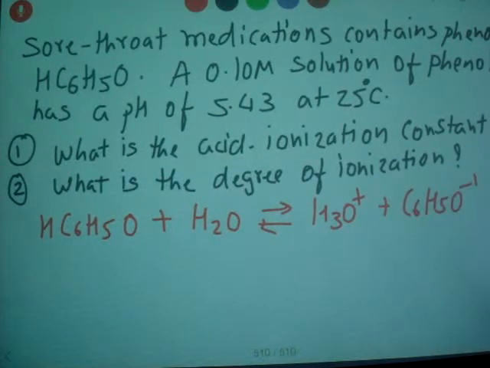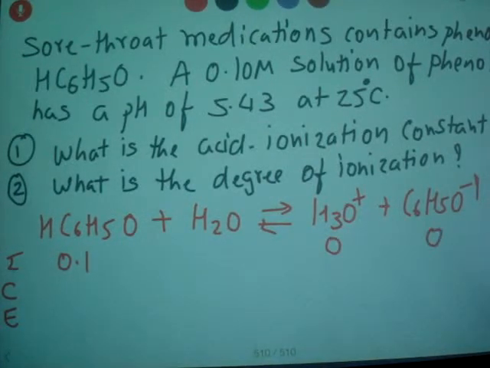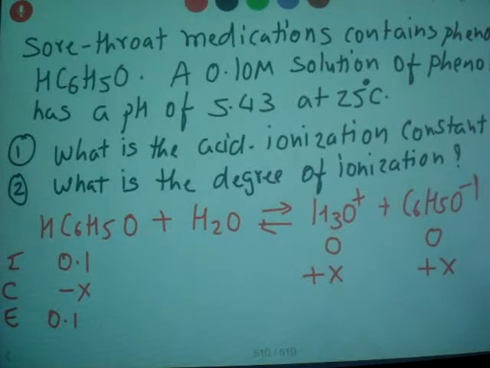Now the ICE chart: initial we have given 0.1 and these are zeros and zeros. Minus x is the change, here plus x and plus x, and at equilibrium 0.1 minus x, x and x.